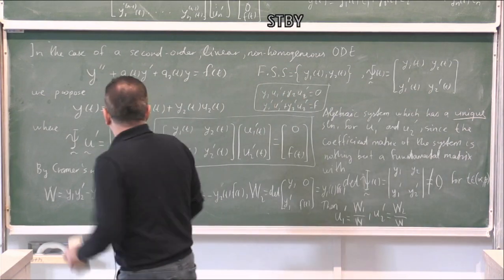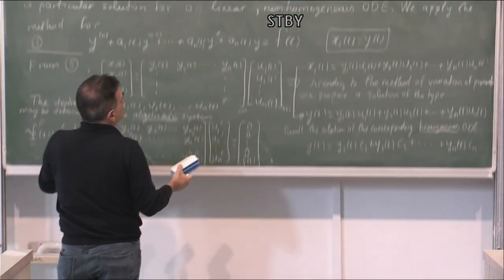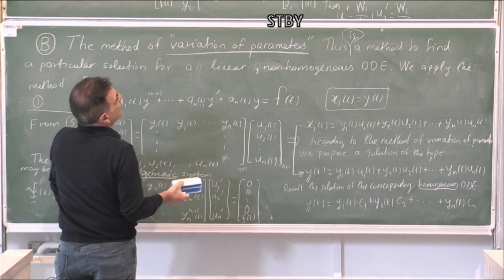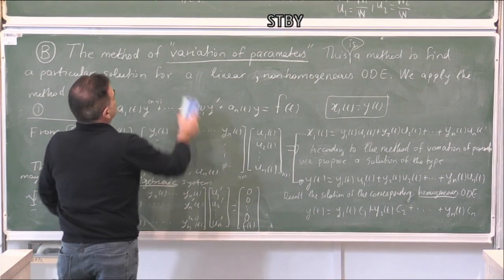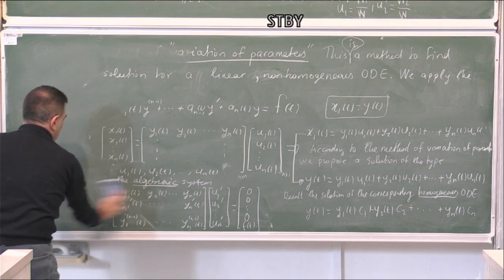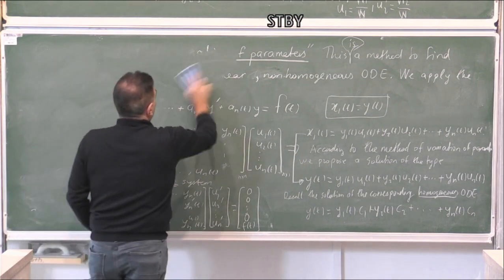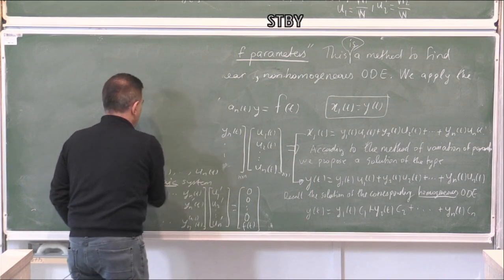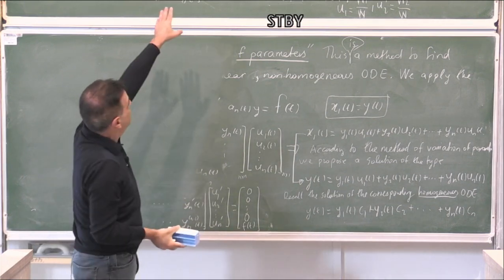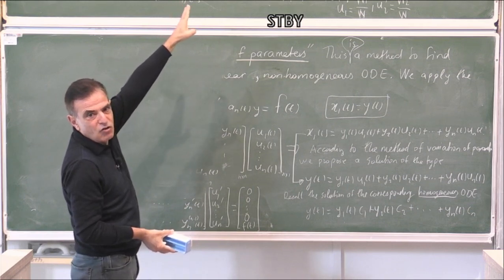So look, it is not important to memorize the formulas, but look, if you want, for the second order case. Of course, in the case of a third order ODE, we get a system which contains three equations in three unknowns.